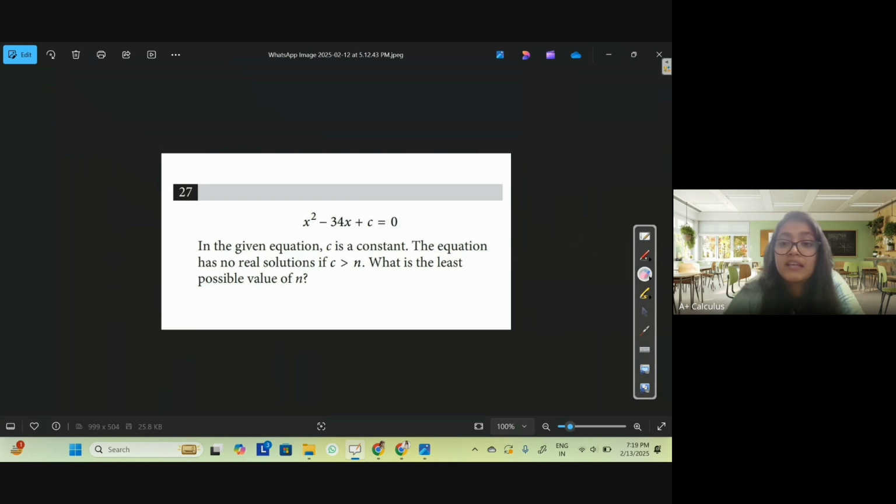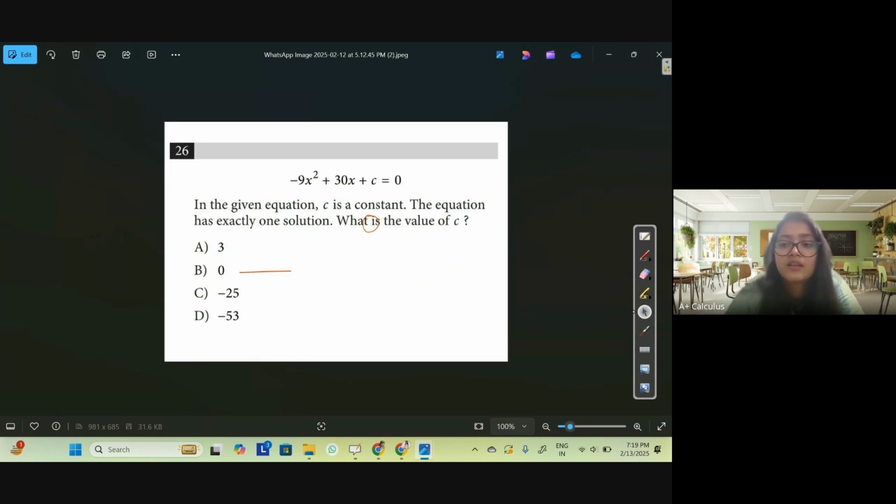In this, they will tell you how many solutions the equation has, and then we have to find the value of some missing constant. The next question is also similar. In this one, they have given that the equation has exactly one solution, and we have to find the value of this missing constant. So two types of questions from number of solutions.